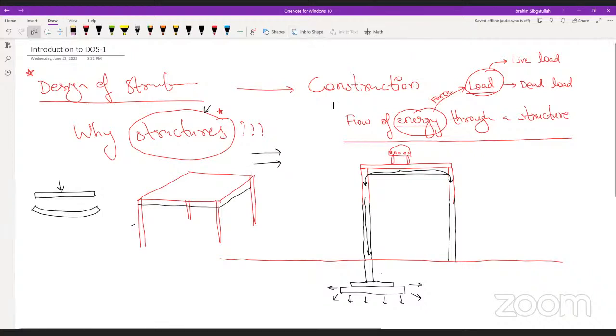And the reason is, if we are not able to understand the flow of energy, two things will happen. Number one, the structural engineer who focuses on bringing strength to the building will have a nightmare.